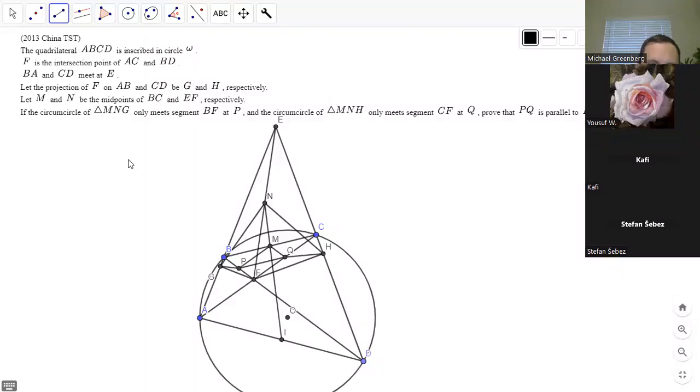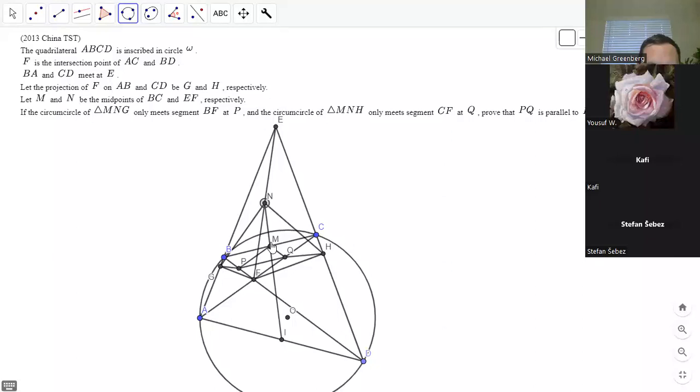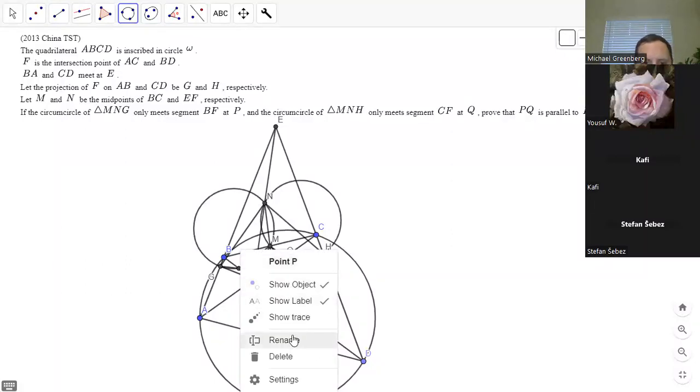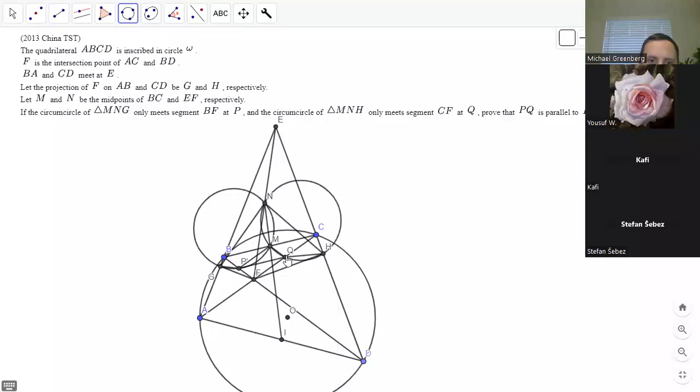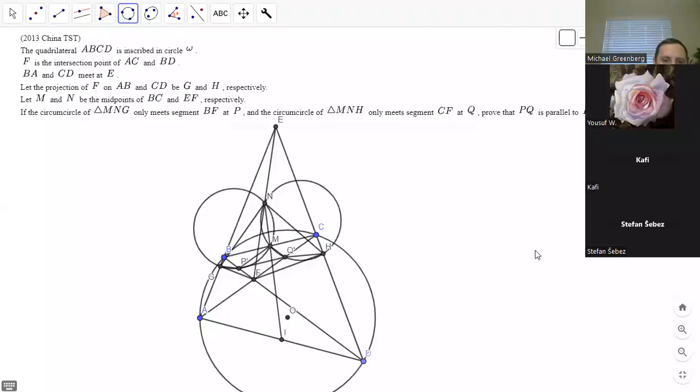And now we can just angle chase that GPMN is cyclic. I'll call them P prime and Q prime. So angle P prime MB is equal to ACB.